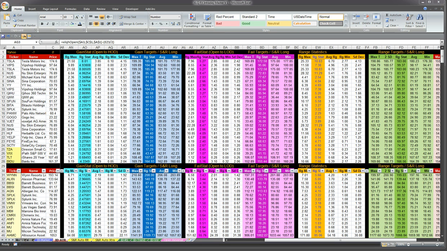Now we get to gain stat and fail stat. They're all set up the same way. You basically have 30 days worth of statistical information, what the standard deviation was for those 30 days, the minimum, the average, the maximum move. There's also the range stat, which is the average plus 1 standard deviation.